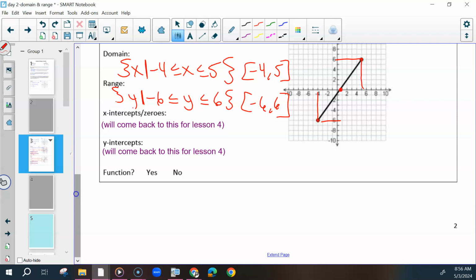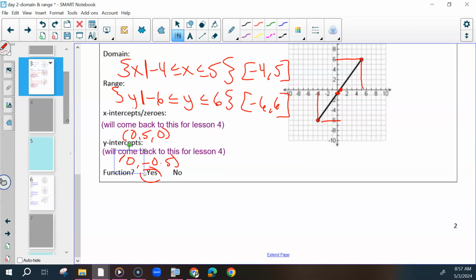Mine's a little bit in between, so I'm going to put mine at a half. y-intercept, again, if yours is at 1, go for it. Mine's in the middle, so I'm going to put mine in the middle. Is this a function? All of your linear functions are functions unless it's a vertical line, because then it automatically fails the vertical line test.